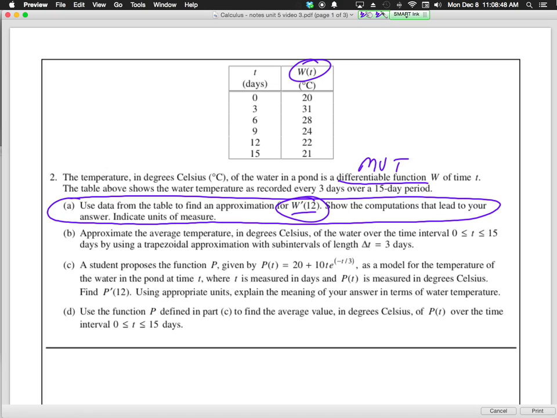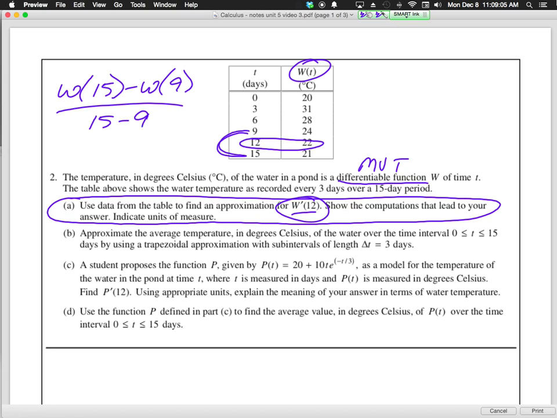Okay? So what I like to do is 12 is what we want. So I like to use the points on either side of it to do my IROC. So I'm going to do W of 15 minus W of 9 over 15 minus 9.